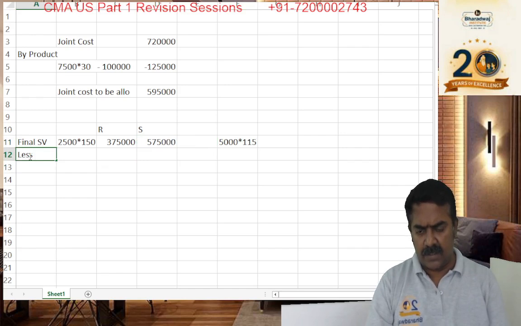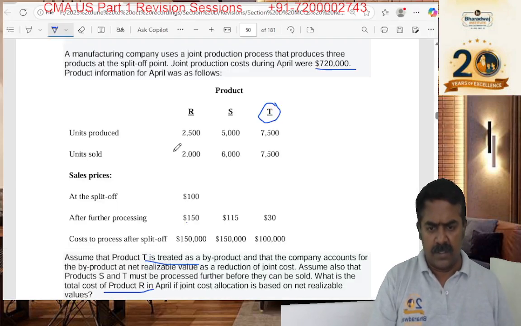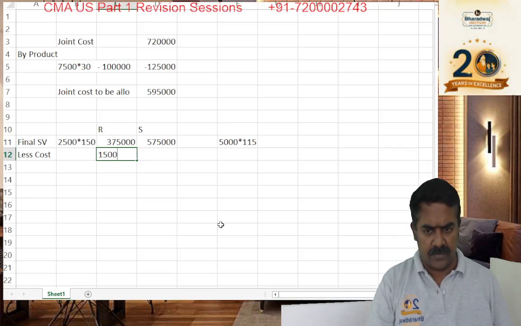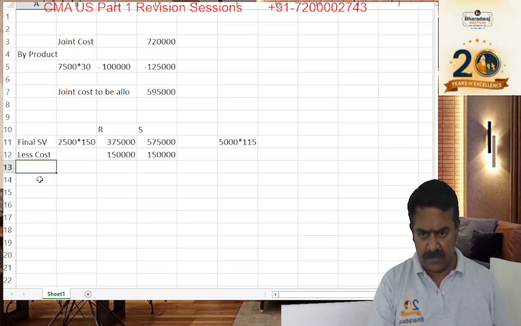Less further process cost. What is the further process cost? 1,50,000. This will give us the NRV.